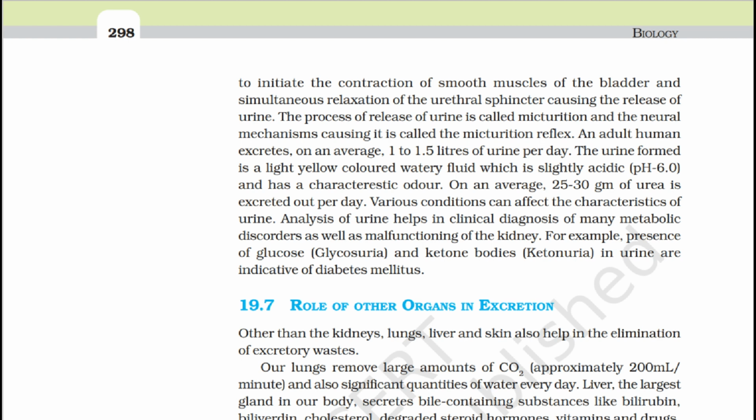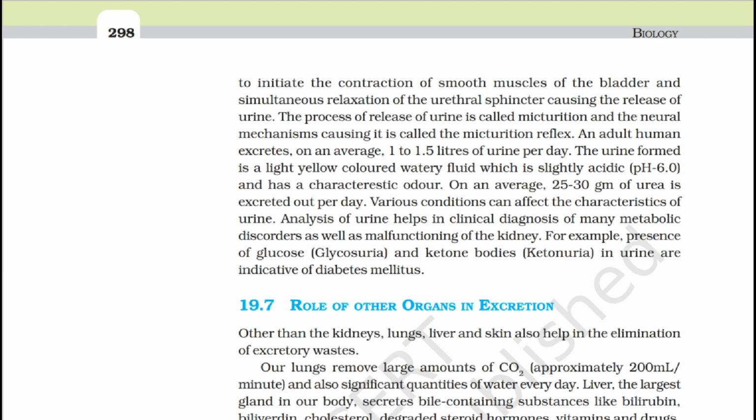Role of other organs in excretion. Other than the kidneys, lungs, liver and skin also help in the elimination of excretory wastes. Our lungs remove large amounts of CO2, approximately 200 ml per minute, and also significant quantities of water every day.